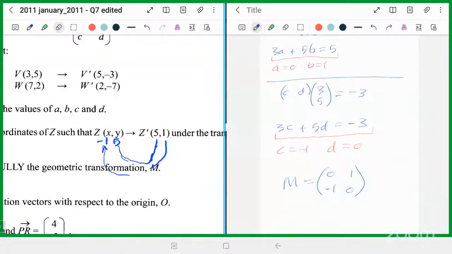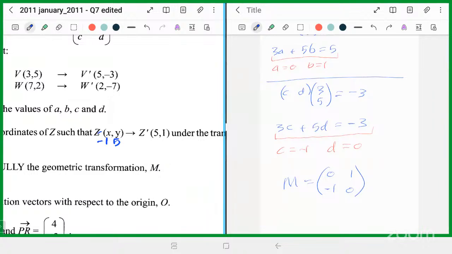So all you need to do is look what the transformation does to one point already and apply the same change to the other points. So this has to be the answer right here.